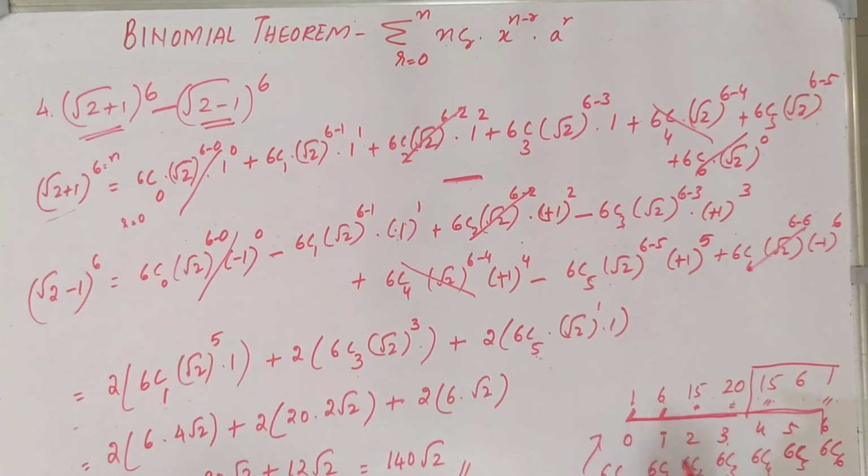This is one way. If you find memorizing difficult, you can calculate the first 4 terms. Anyway, the first and the last term you don't have to calculate. It's always going to be 1. The second term is just going to be the power itself. So if n is equal to 6, the second term is going to be 6.